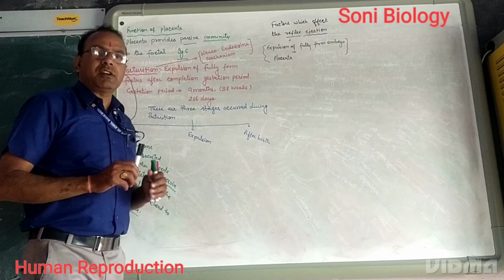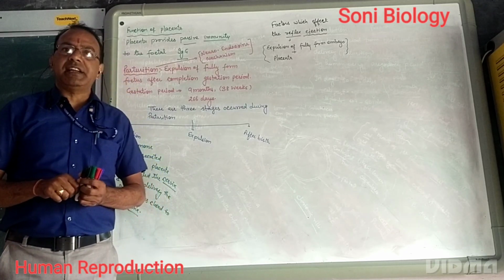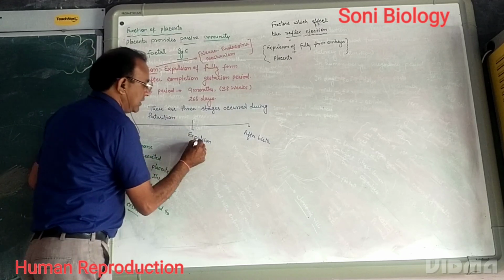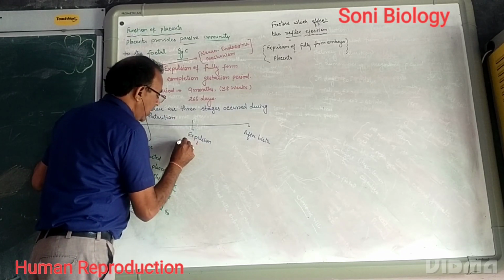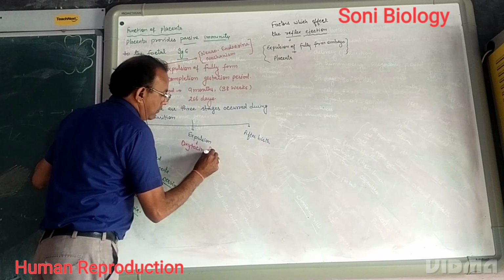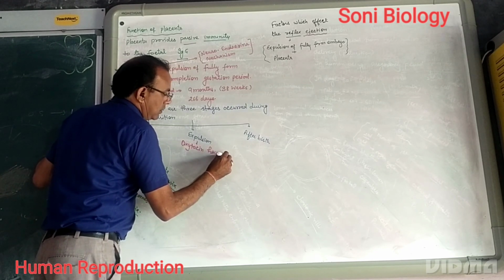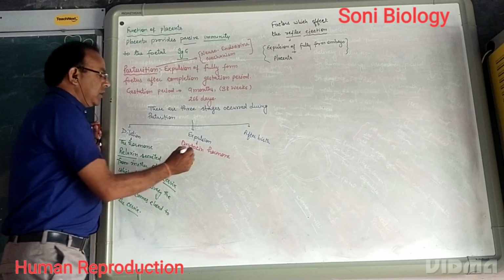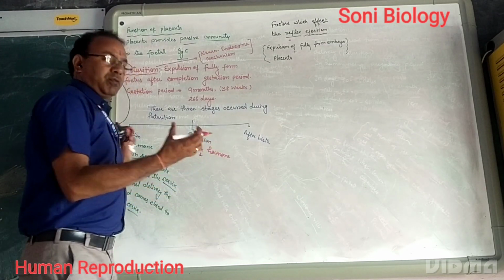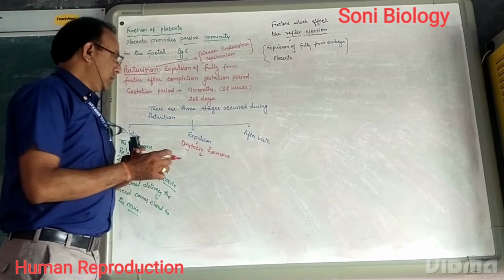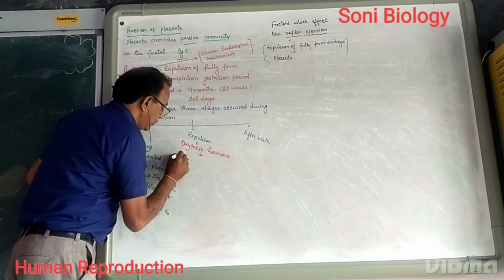And then expulsion. Expulsion is under the control of another hormone called oxytocin. Due to the secretion of oxytocin, a strong contraction takes place in the uterine wall.